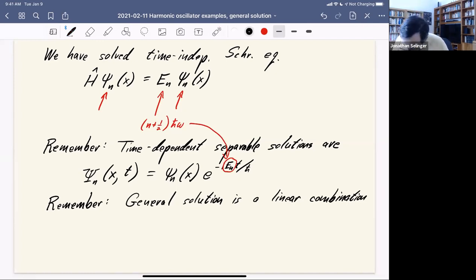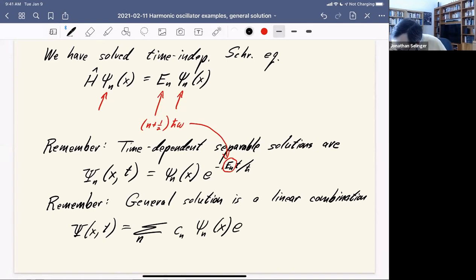So the general solution as a function of x and t is the sum over n values of some Cn coefficients times psi n of x times the exponential of minus i En t over h bar.